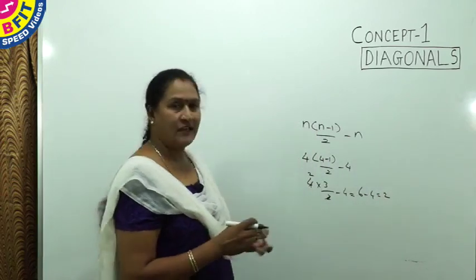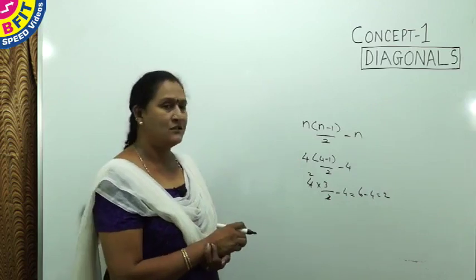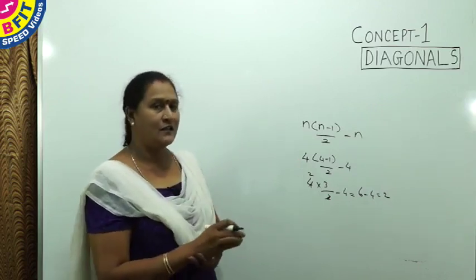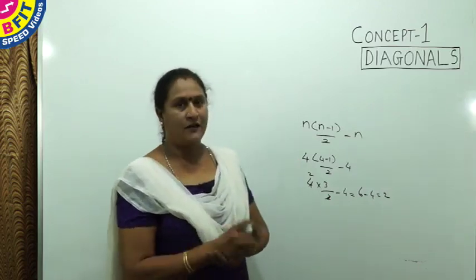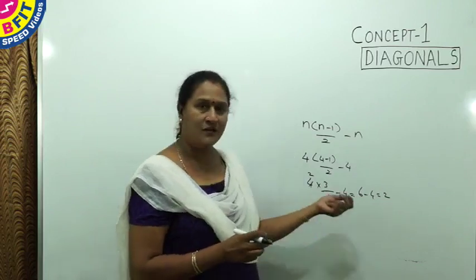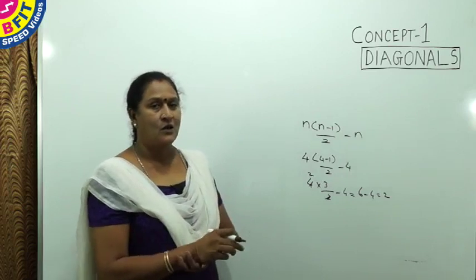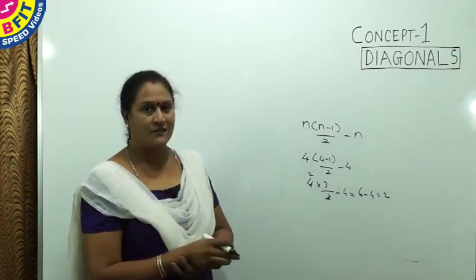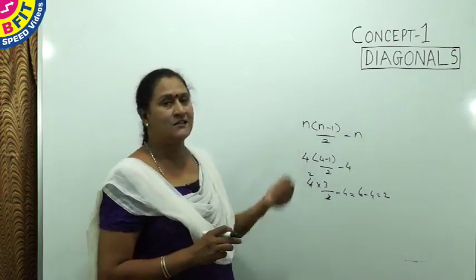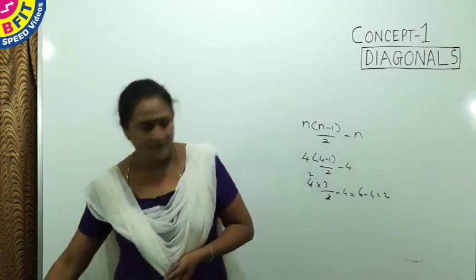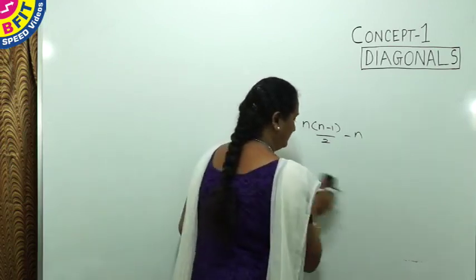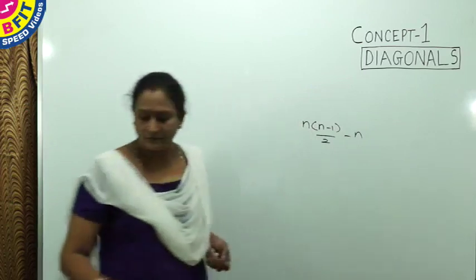The same way we can calculate the number of diagonals for any polygon, whether it is a hexagon or an octagon. Here we have checked it for a square. Suppose you are asked to find how many diagonals there will be for a hexagon. Take n as 6 and work it out.